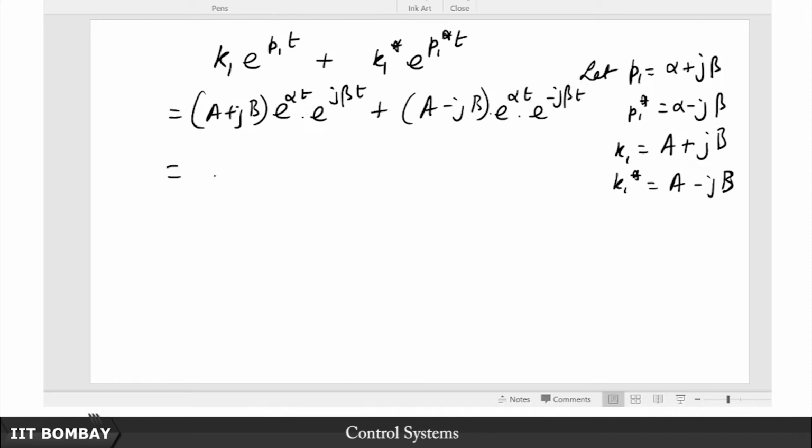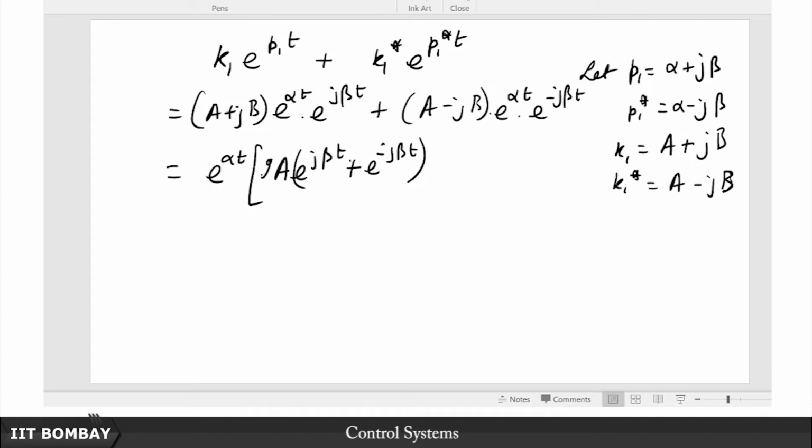Therefore we can take e to the alpha t common out of this, and we have a times e to the j beta t plus e to the minus j beta t.